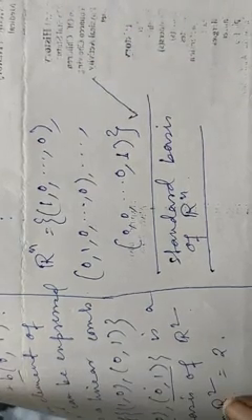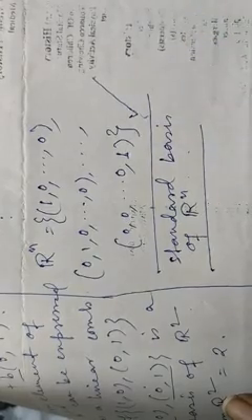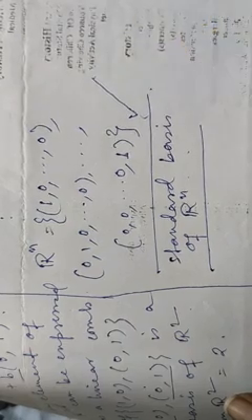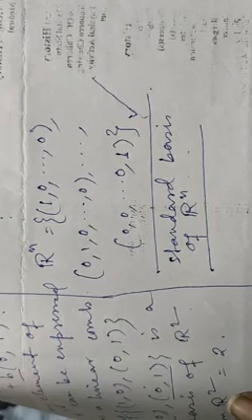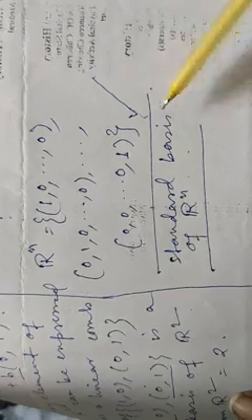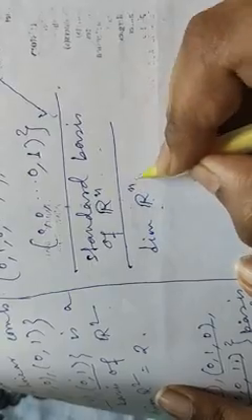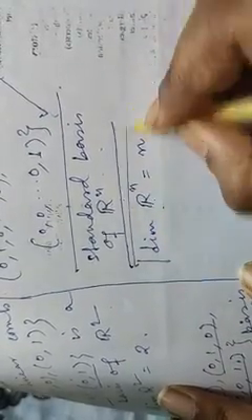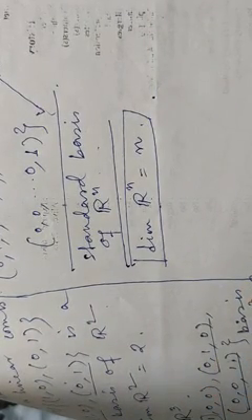This is a standard notation, we need to memorize it. Now check, the dimension of R square is 2, the dimension of R cube was 3. Similarly, the dimension of R to the power 4 is 4 and so on. That is, the dimension of R to the power n equals n.